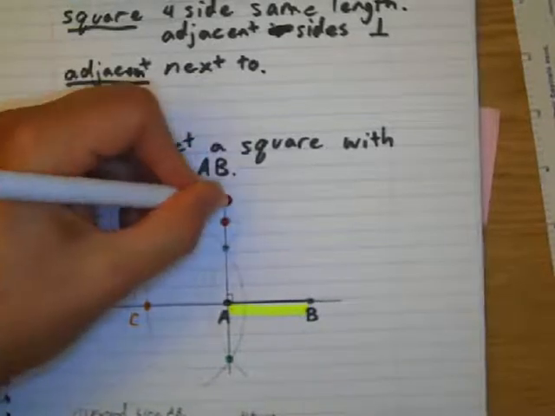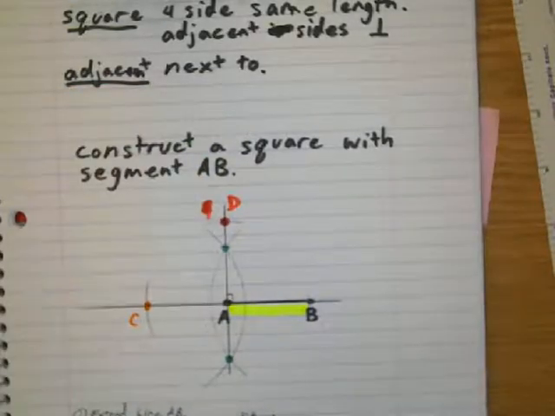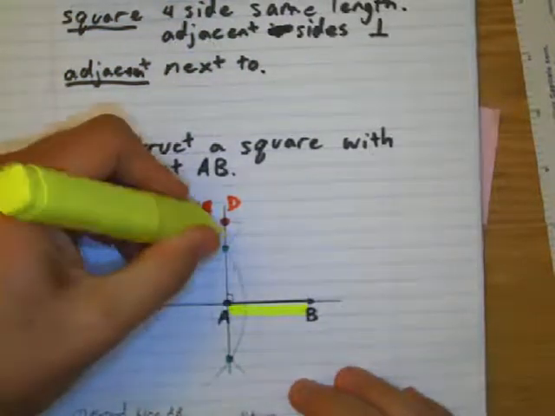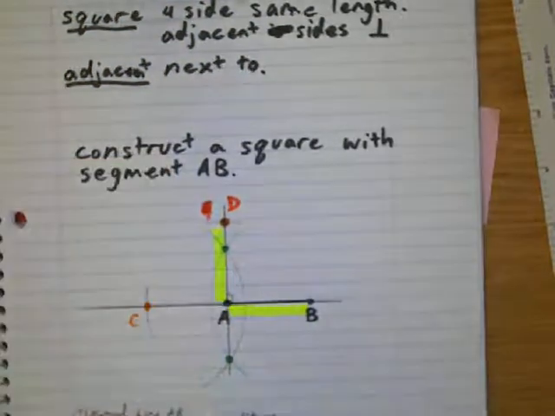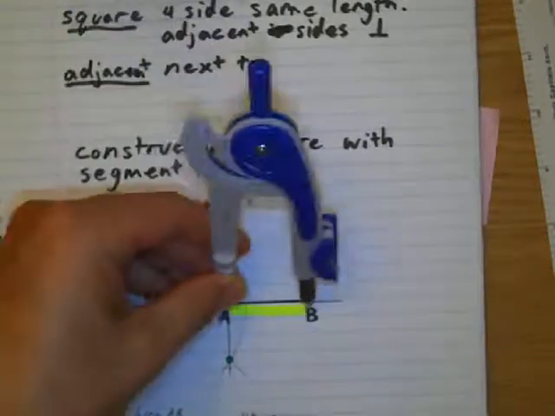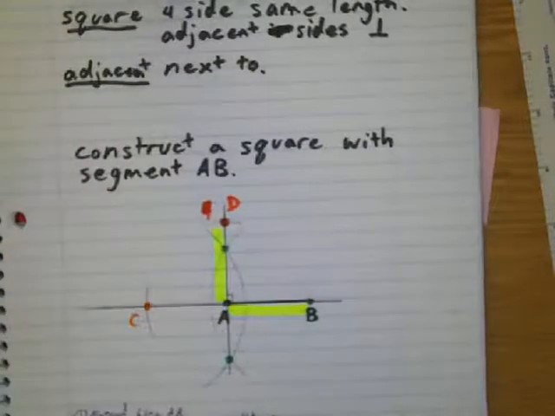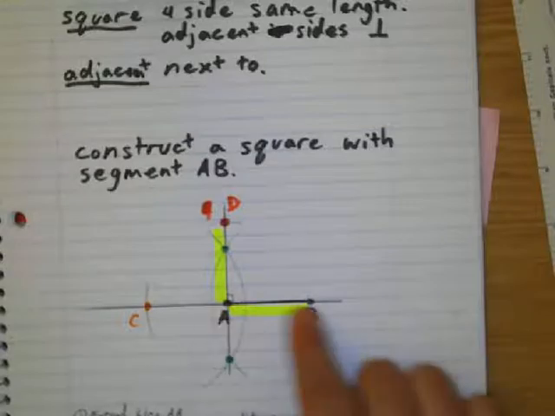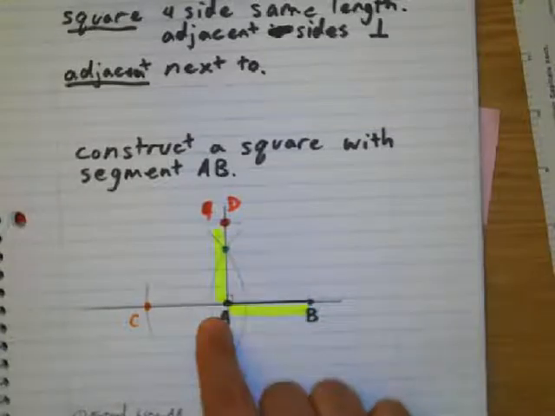I'm going to mark that D. Okay, so D is the same distance from A as B is. So I've got my 2 adjacent sides that are the same length.